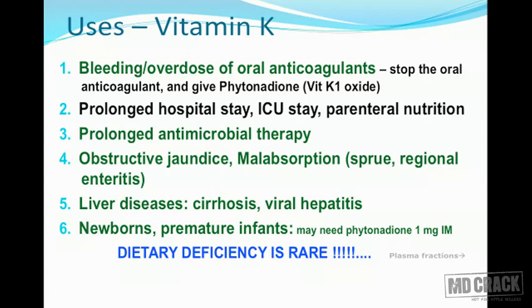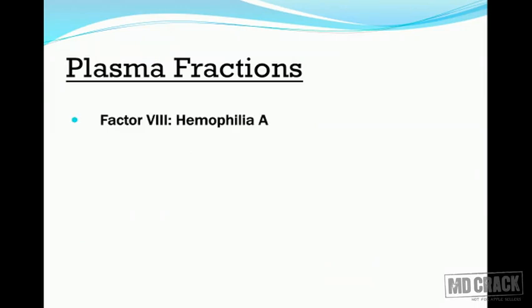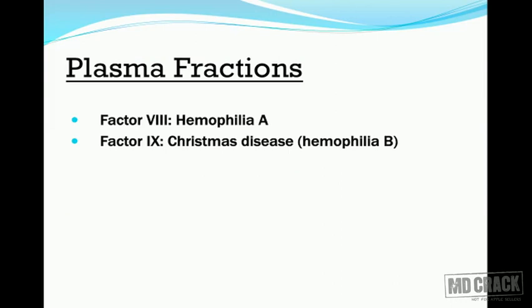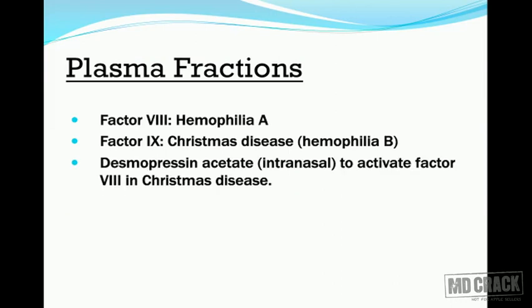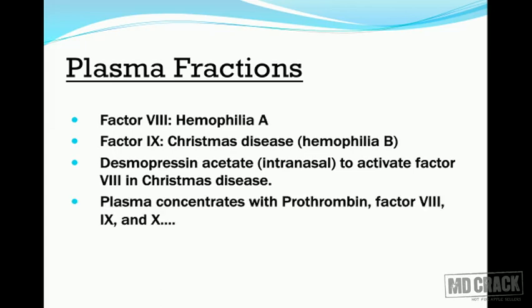Let's move on to see what are the plasma fractions which are available. There's factor 8 for hemophilia, factor 9 for Christmas disease, that's hemophilia B, desmopressin acetate given intranasally to activate the factor 8 in Christmas disease. Then plasma concentrates with prothrombin, factor 8, 9 and 10.